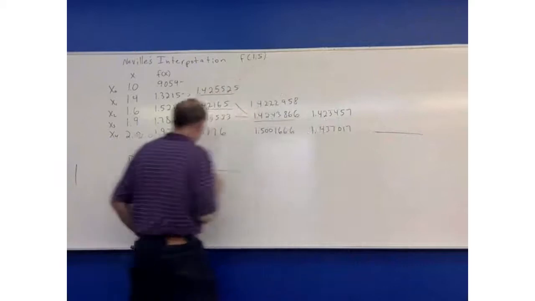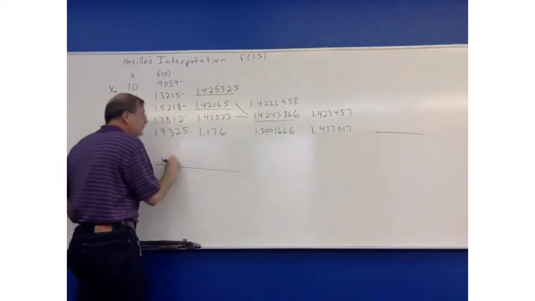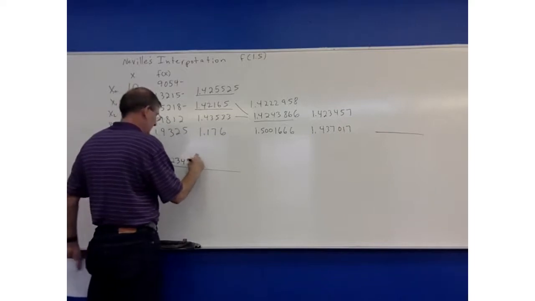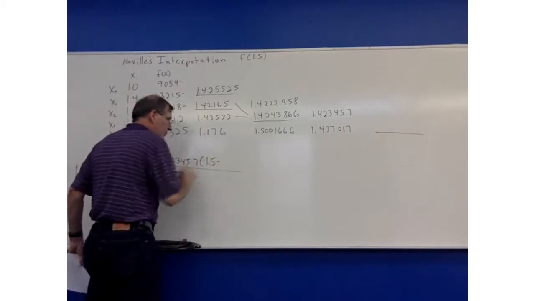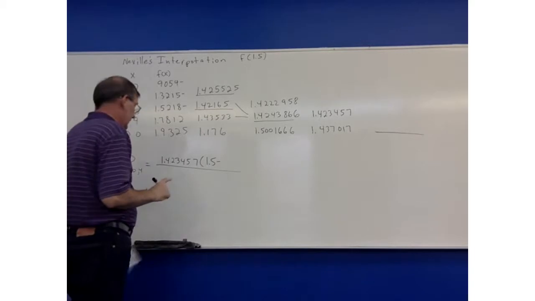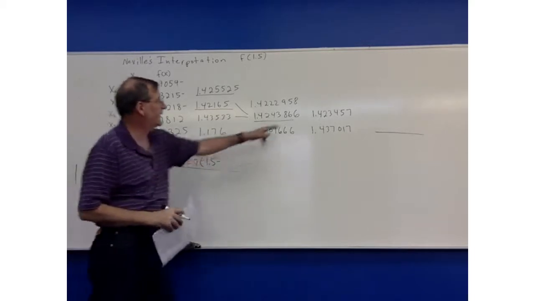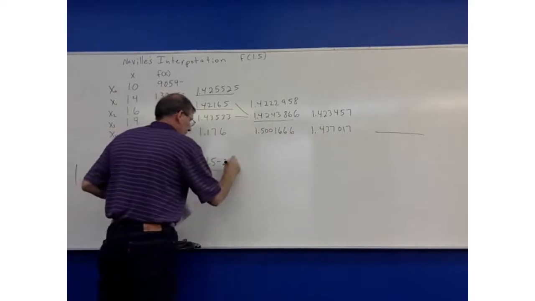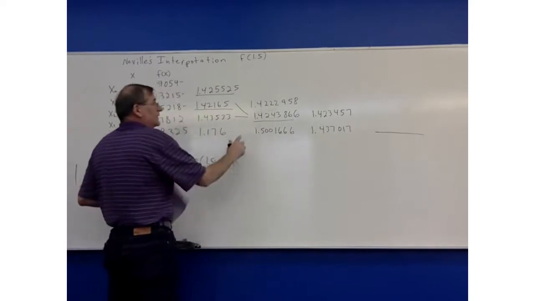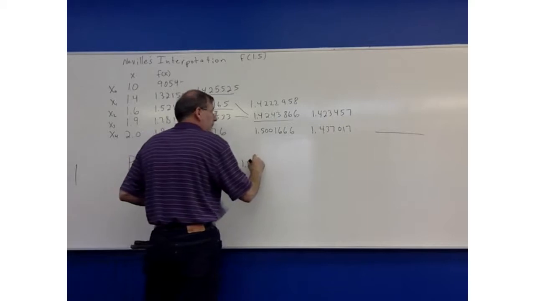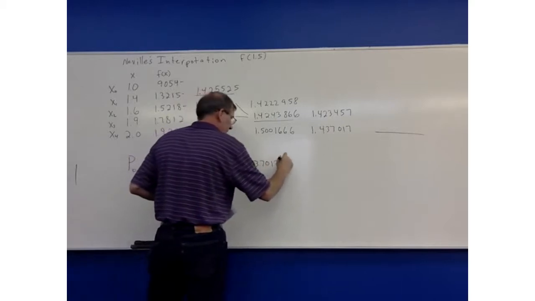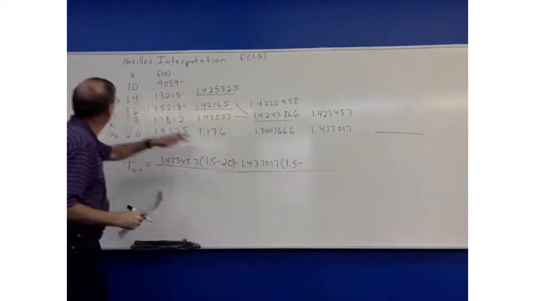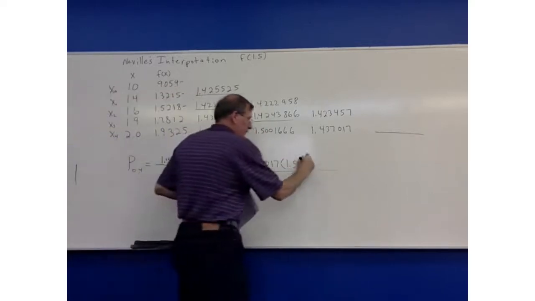We take this top number, 1.423457. We're approximating 1.5, so we put that number, and then we use this here, 2.0 minus the bottom number, 1.437017. We're approximating 1.5, and then we subtract off the top number, which is 1.0.